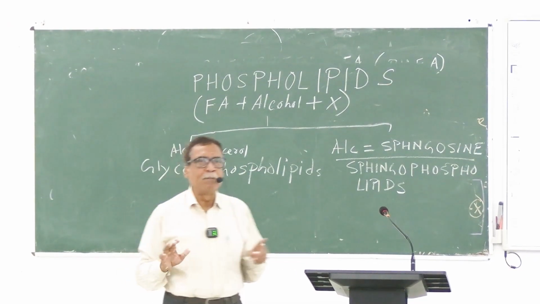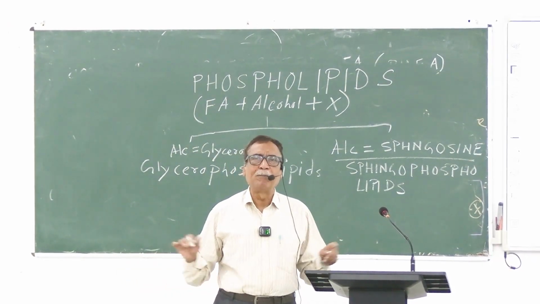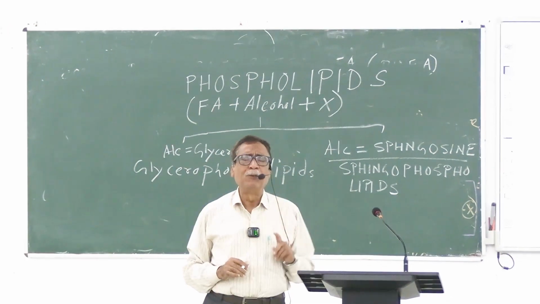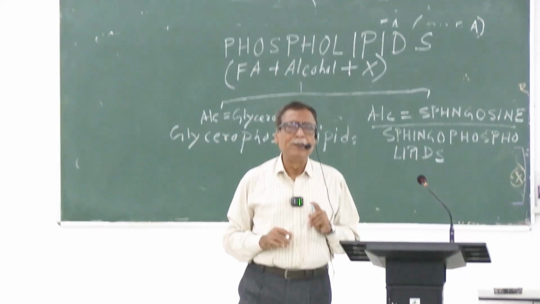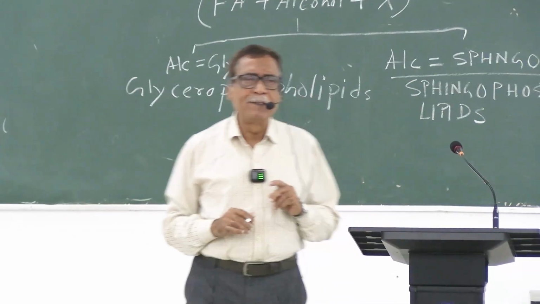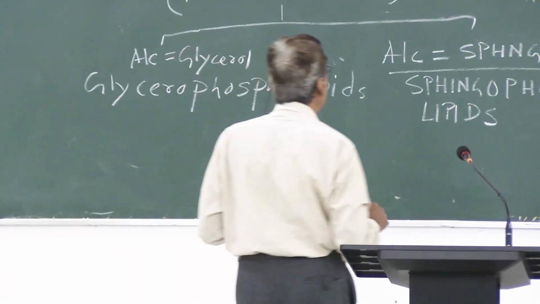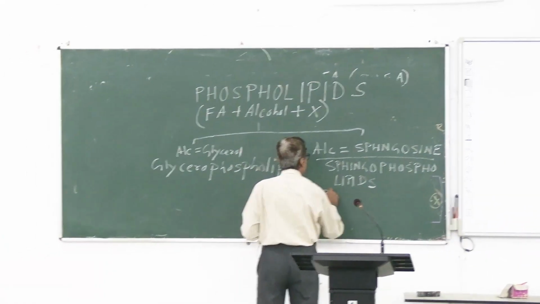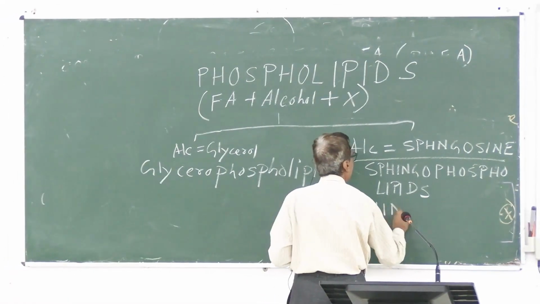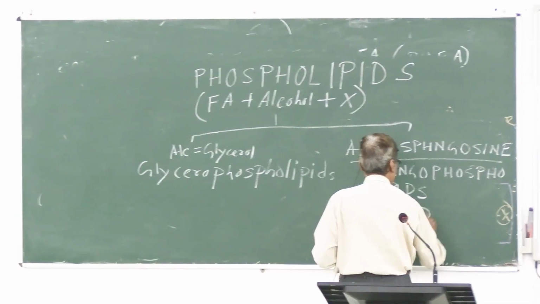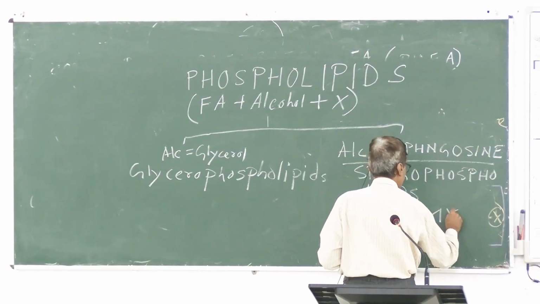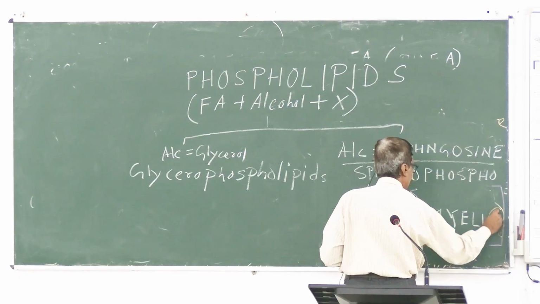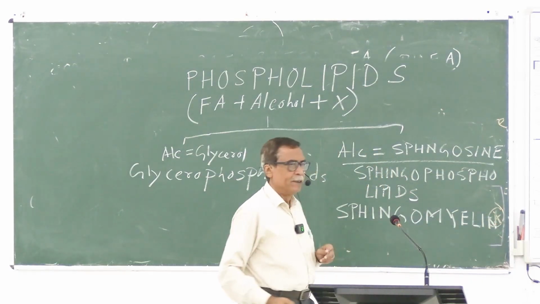There are many examples of glycerophospholipids. But remember, there is only one example of sphingophospholipid, which is present predominantly in nervous tissue, and that is sphingomyelin.